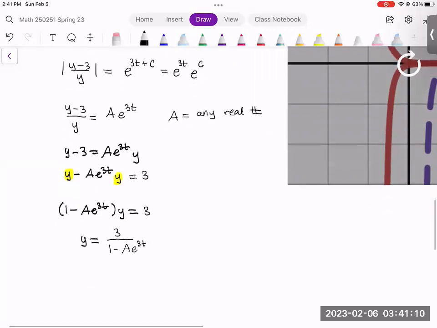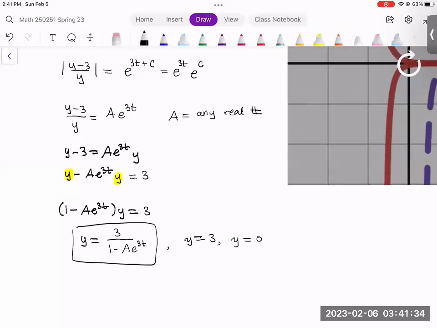Alrighty, great. Now there are a couple of things that we can see if we're looking at this solution. We also have a couple of equilibrium solutions, y equals 3 and y equals 0, that aren't represented. Well, y equals 3 is represented if a equals 0, but y equals 0 is definitely not represented here. So let's add that in as an additional solution.